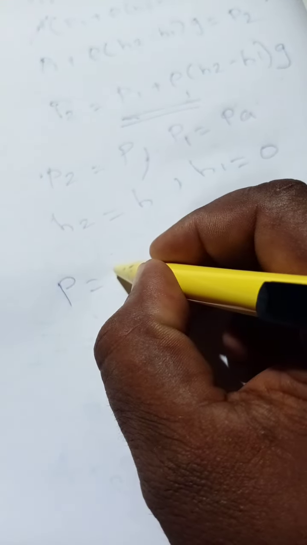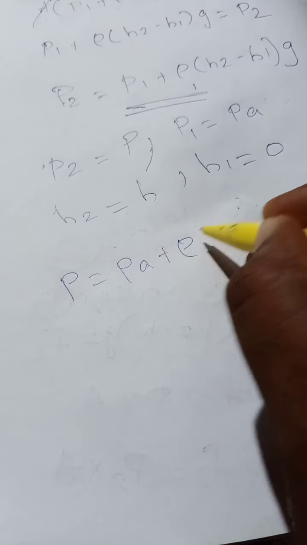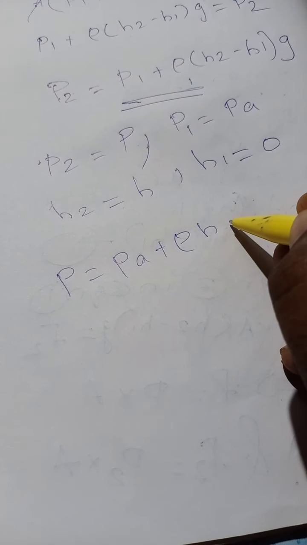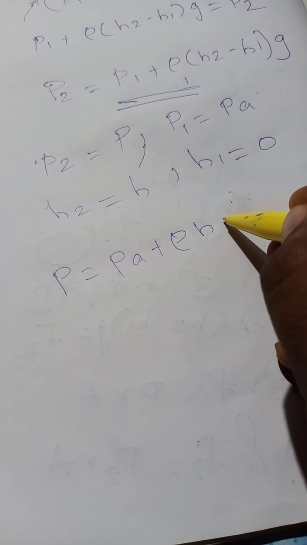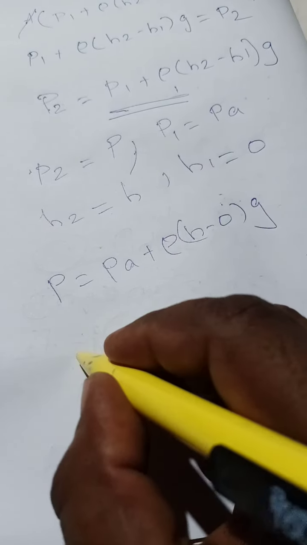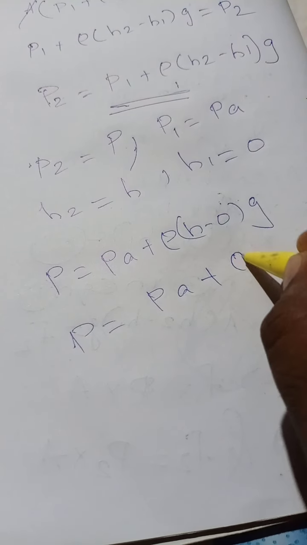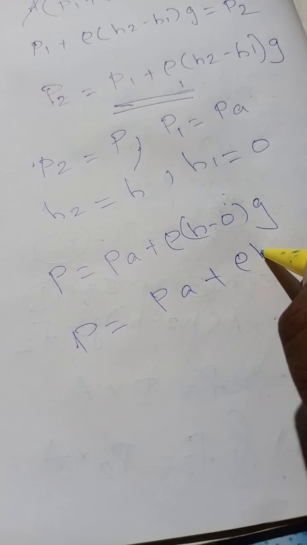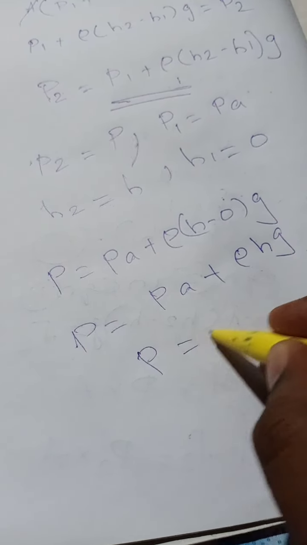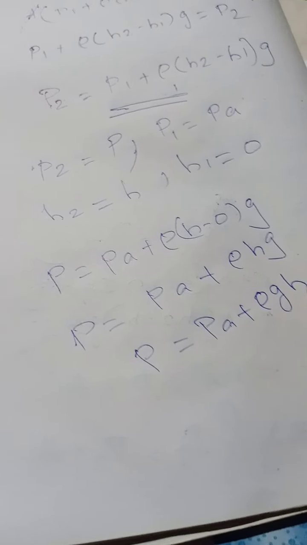P equal to PA plus rho, H minus H1 which is H minus 0, into g. So you can write this equation: P is equal to PA plus rho H, g. You can rearrange and write this equation as P is equal to PA plus rho gH.